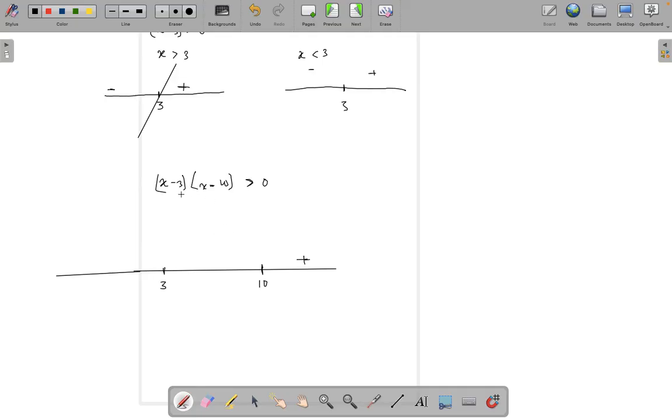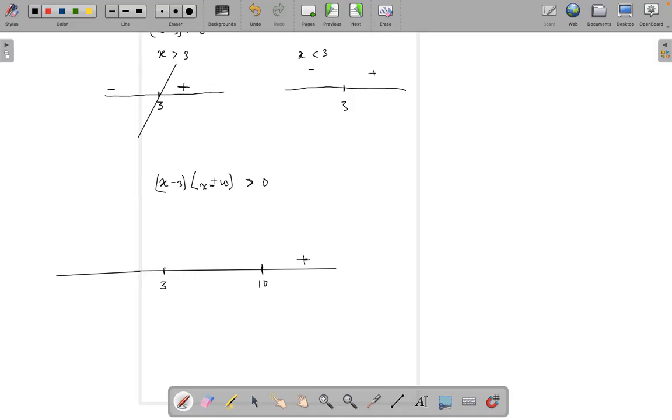Now you have x minus 3, x minus 10 greater than 0. You saw that this point is greater than 0, or positive. Now if it is less than 10, say 5, this becomes negative. So this is negative. Now you have to look at this thing. It is positive.